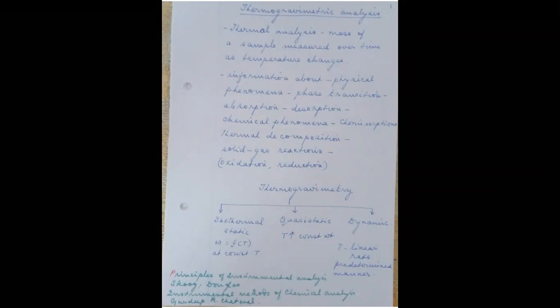These are all we have seen. And I have already told you, for this you have to refer to the book The Principles of Instrumental Analysis by Skoog and Douglas, or Instrumental Methods of Chemical Analysis by Gurdeep or Chatwal. These are the two books I am going to follow to teach this second unit in your elective paper.